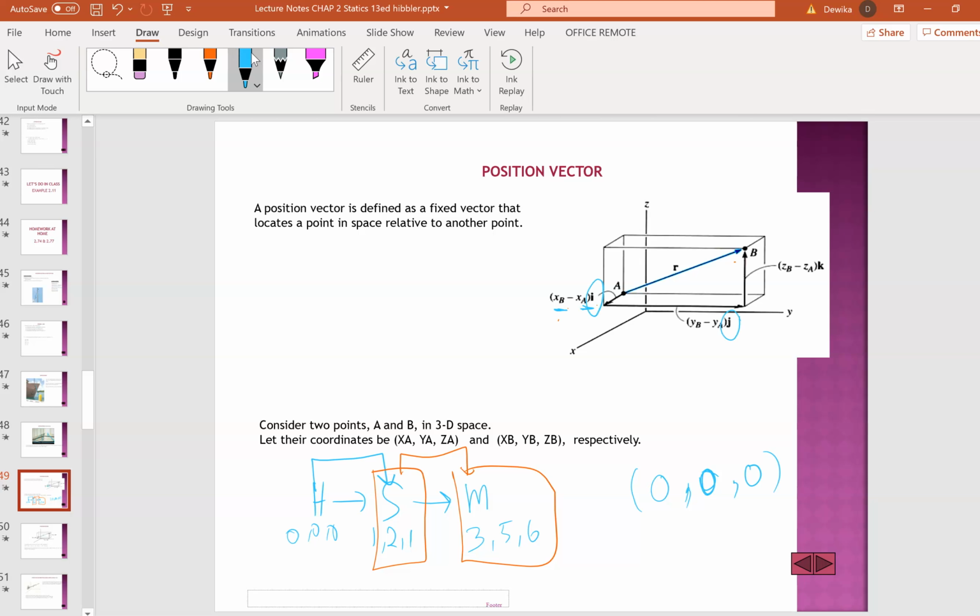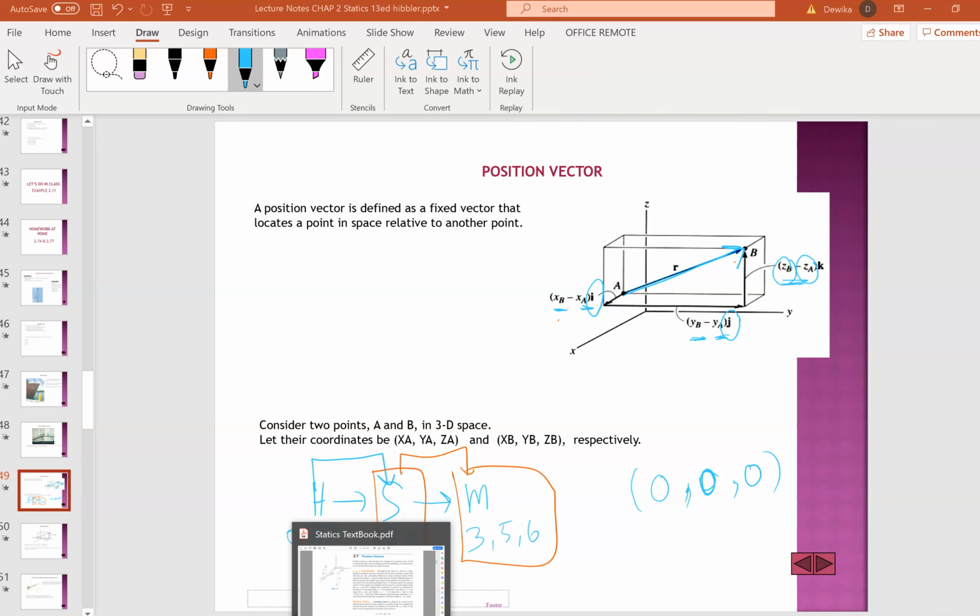For your j, it will be y B minus y A, and for the z, it will be z B minus z A, just because the direction is from A to B. If the direction is on the opposite side, then you have to reverse everything that you have done. I hope you can understand what I've just done.